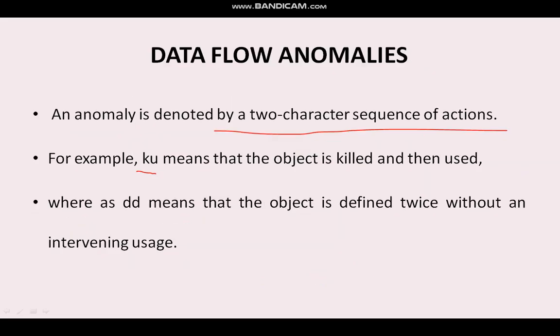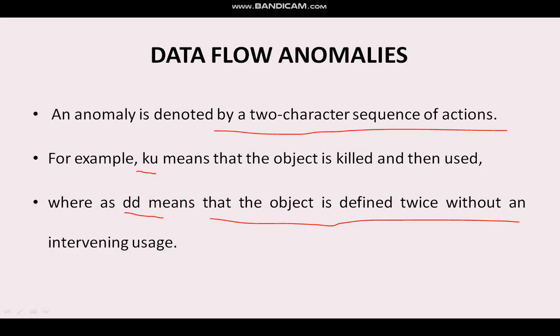Only these three things we represent in the anomalies. KU means killed and used. And the second one, DD, means what? Defined and defined. That means we define the data object twice without an intervening usage. So these are good examples of data flow anomalies.